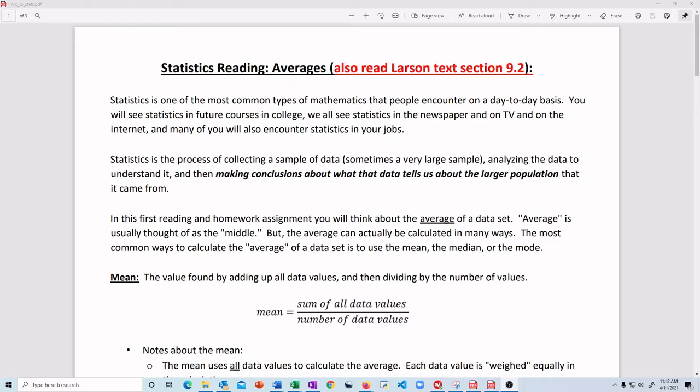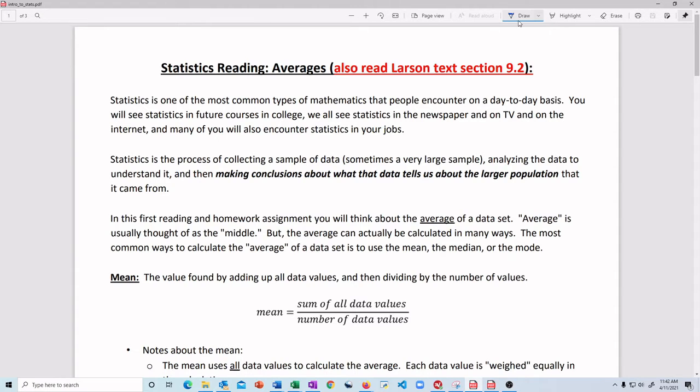But really, that's just the middle. So when you're seeing this word average, you really are just thinking, what's the middle? Okay, so that's what we're going for here. We're trying to get what's the middle of this data set, whichever data set we're looking at.